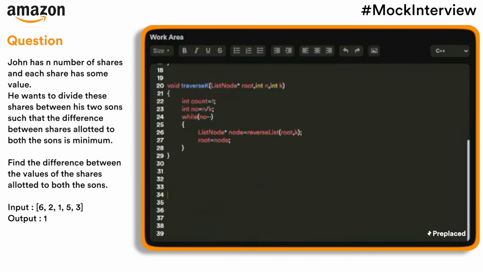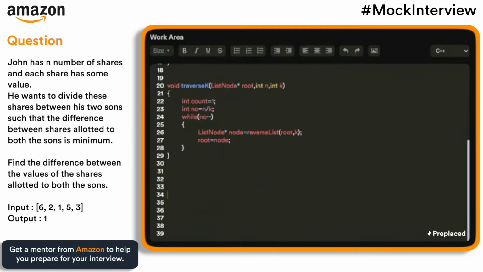The target sum is the maximum sum which we can achieve while maximizing the number of elements. Correct. So your target is the maximum weight that the knapsack can hold, correct? Yes.